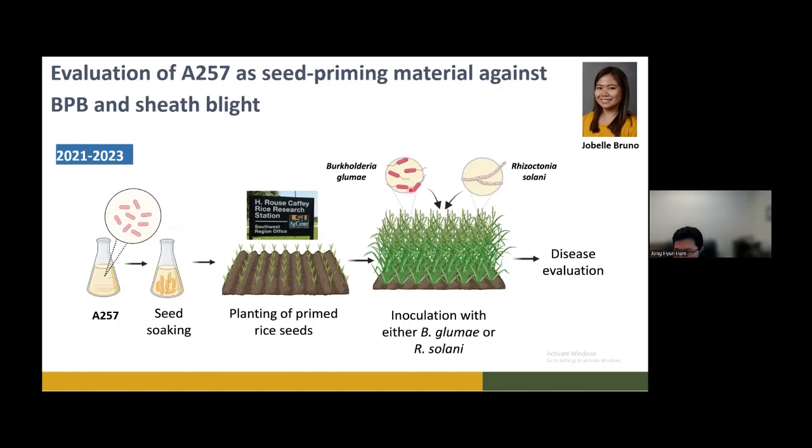After they grew, we inoculated the pathogen for bacterial panicle blight, and also tested another rice pathogen, the fungal pathogen Rhizoctonia solani, which causes sheath blight, another major rice disease.